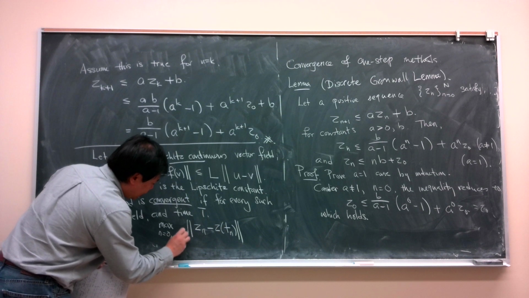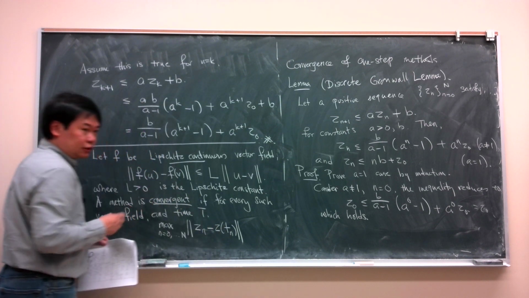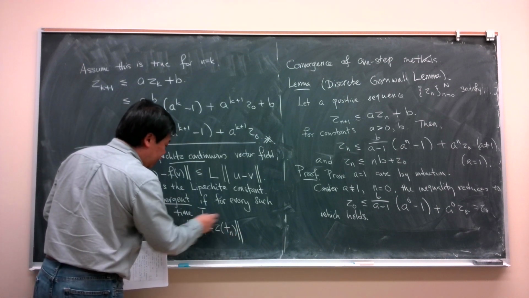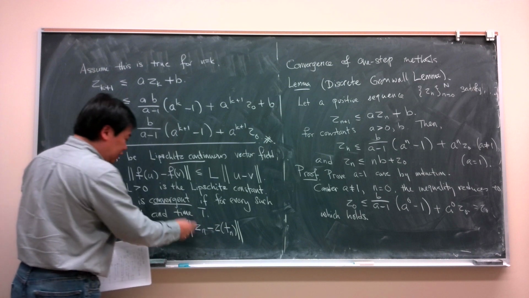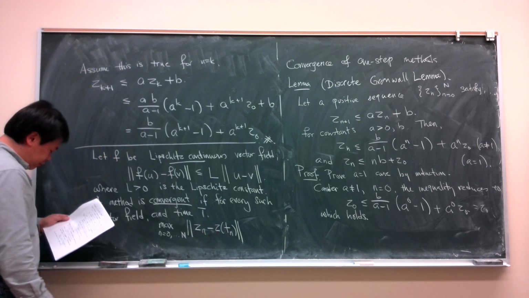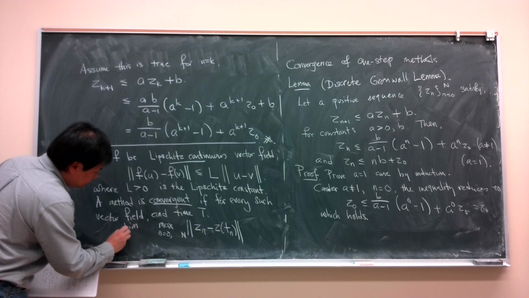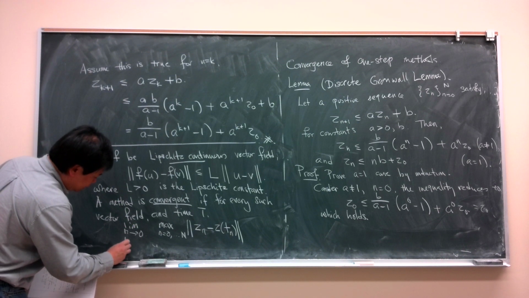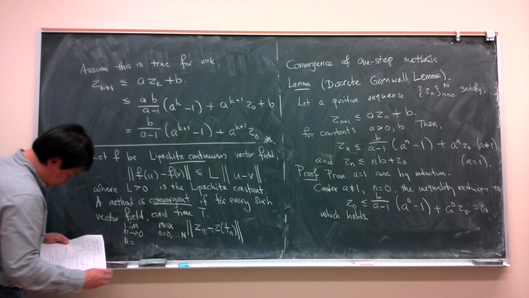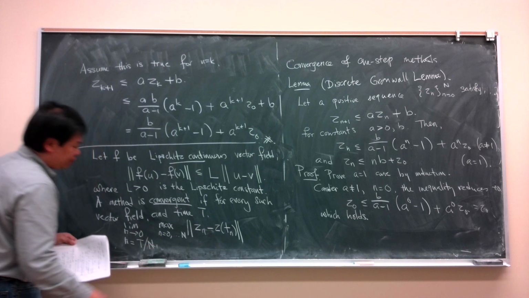So over the entire discrete trajectory where the numerical solution is defined, I want to measure the maximum error you make. And then I would like the limit as the time step goes to 0, with the property that the time step is equal to the total time divided by n, which is the number of steps.